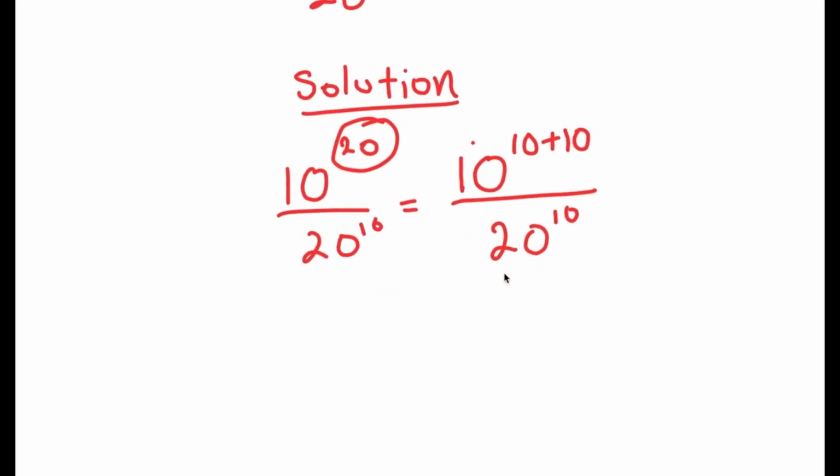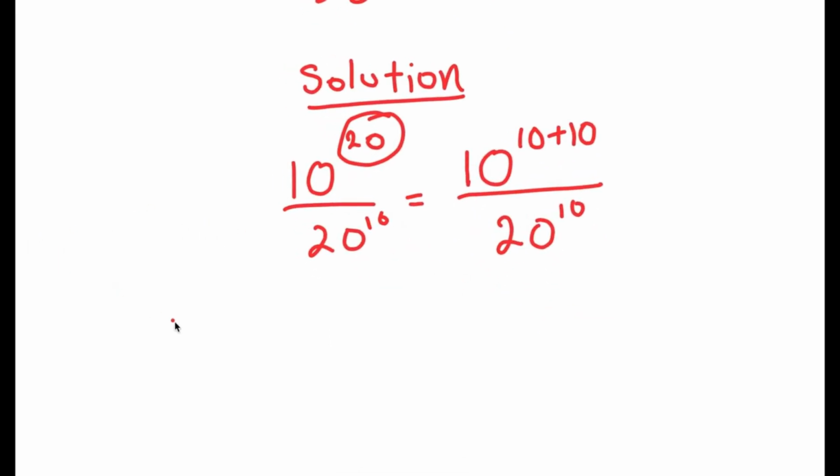Now, the reason I did that is so I can use the property a^(m+n) is equal to a^m times a^n.